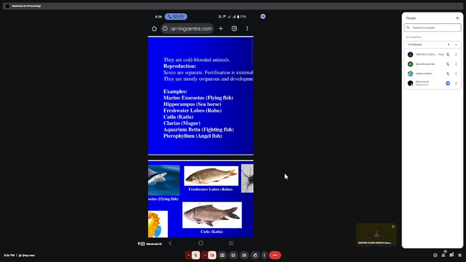So this is about the osteichthyes. Osteichthyes are also called bony fish. Chondrichthyes are also called cartilaginous fish. Chondrichthyes live in marine water, but the habitat of these animals is both marine, freshwater and brackish water.